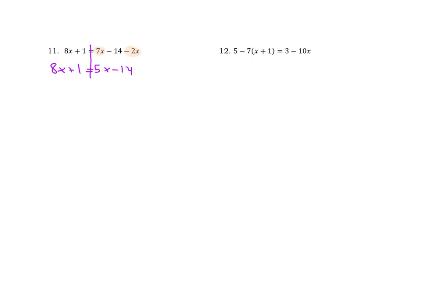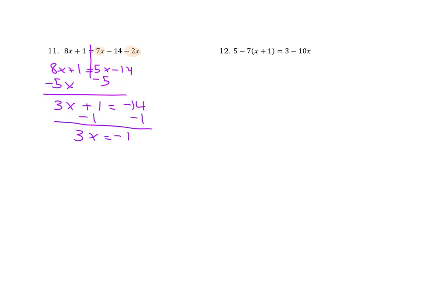I can see that if I subtract 5x from both sides, then I'm going to end up with a positive 3x over on the left. Now I'm going to subtract the 1, and 3x equals negative 15. Since 3 is multiplying with x, I'm going to divide, so x equals negative 5.